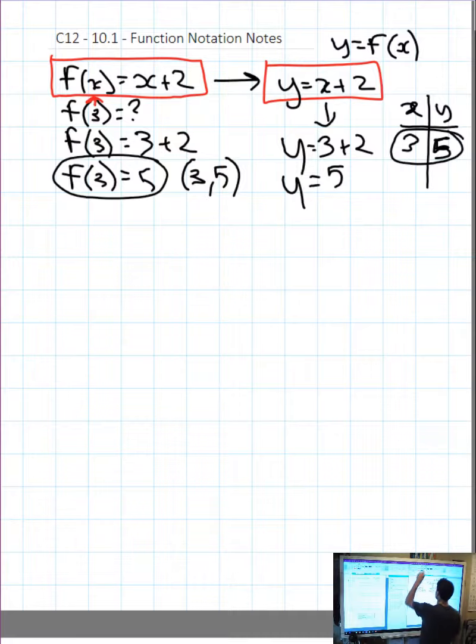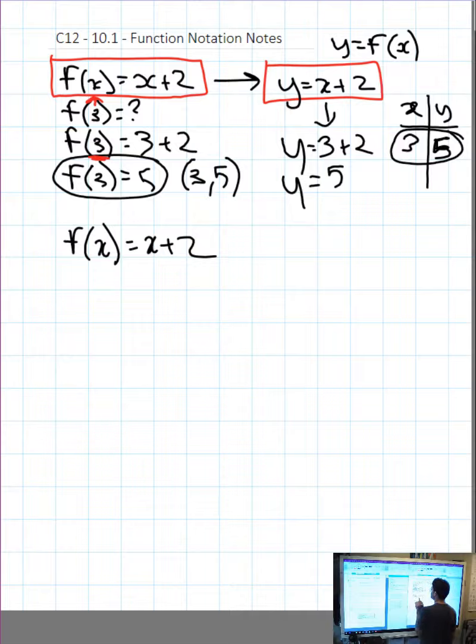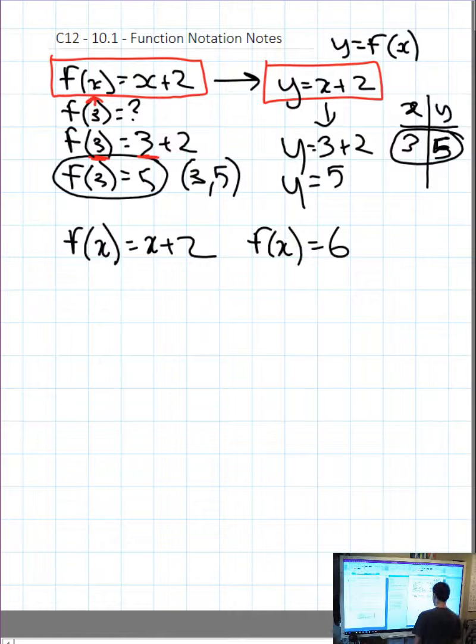A lot of you have probably seen functions before. So let's say f of x is equal to x plus 2. Well, we just learned that f of 3 means put 3 in for x. So let's say, for example, f of x is equal to 6.